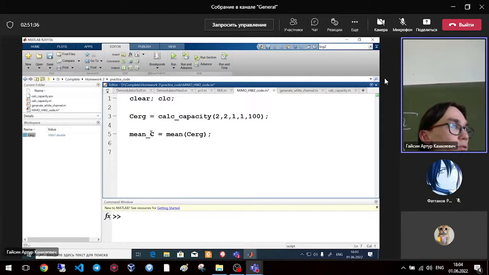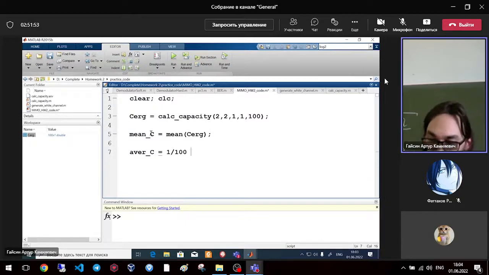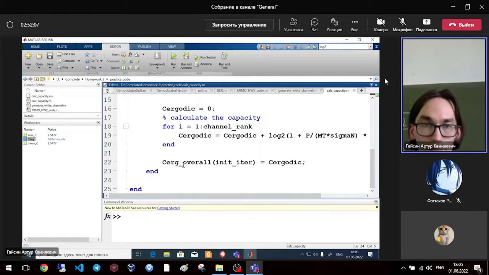So it is the summation, like average C. So we divide it by 100 and multiply this thing by the sum of overall C ergodic. And what we will have in this case? Yes, so we can just use the mean of C ergodic. Great.